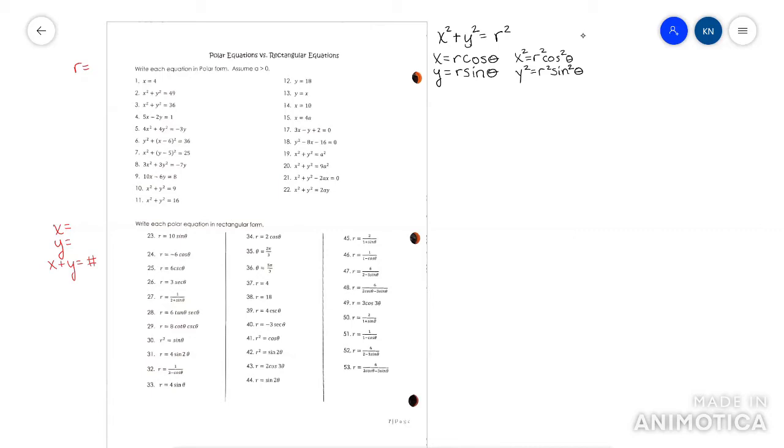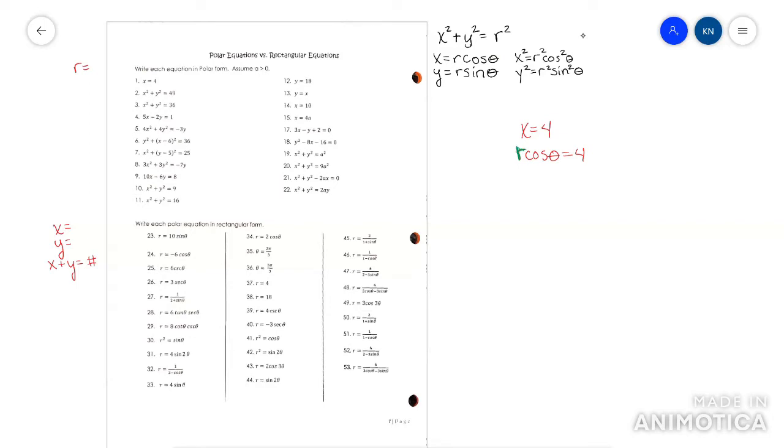X equals 4. You have to get to r equals something. So you need to use these rules to get there. So basically you can change x to be r cosine theta. Now, remember, you want r equals. You want to isolate this r right here.